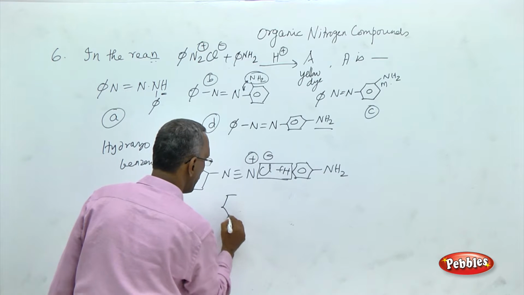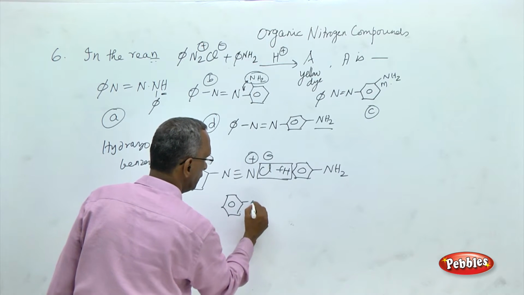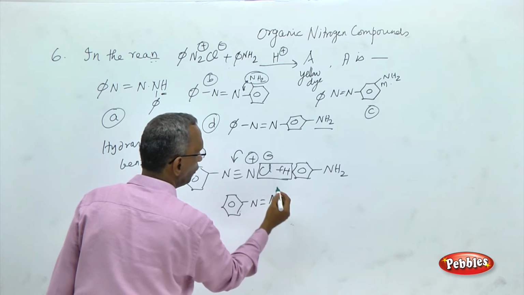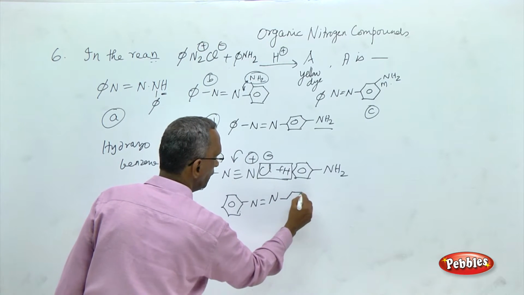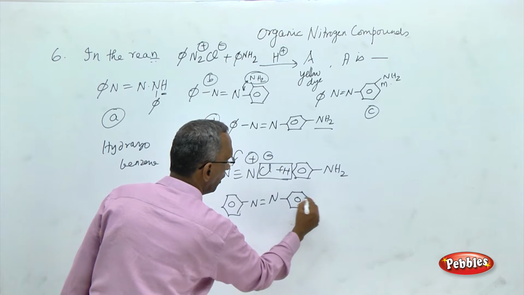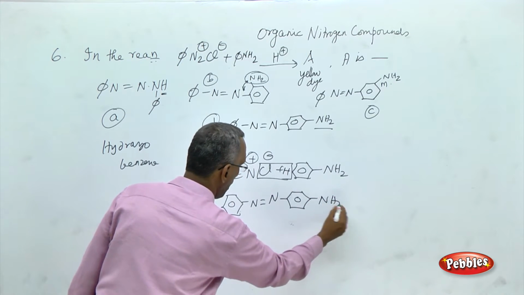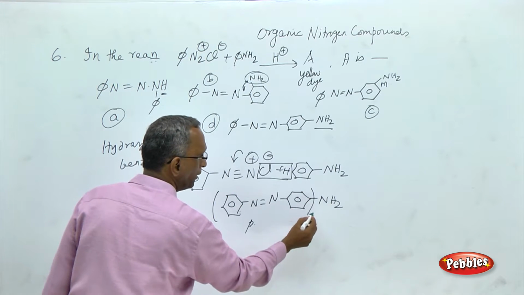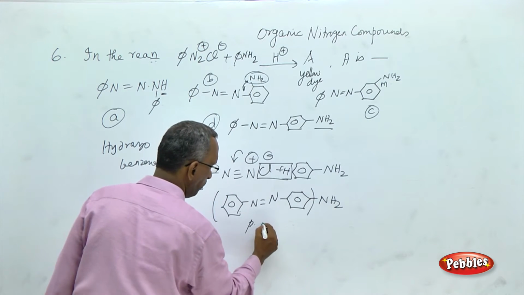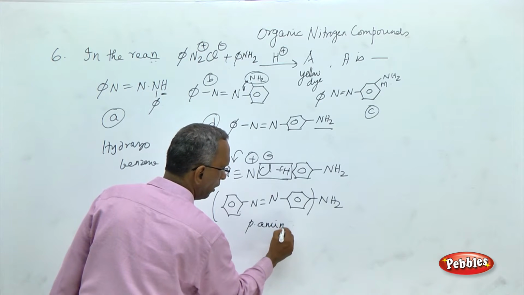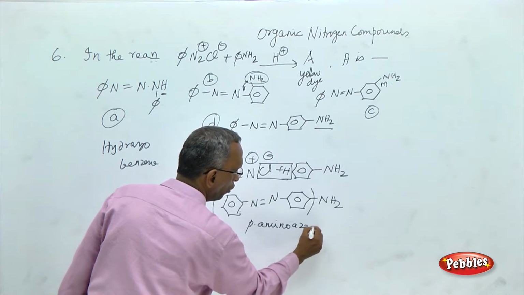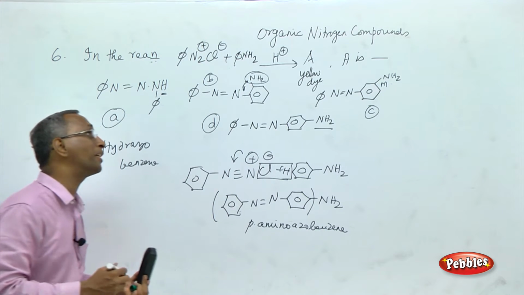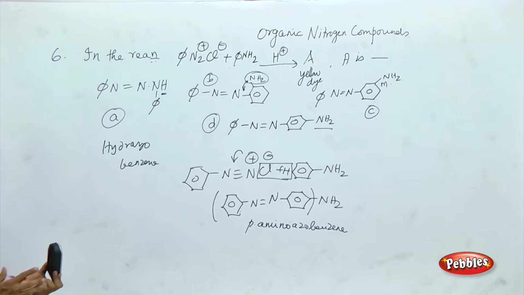If you remove HCl, you will get N double bond N. The reactivity is shifting towards the para position, so it forms para-aminoazobenzene. This unit is called azobenzene, and with the amino group in the para position, it is called para-aminoazobenzene. So para-aminoazobenzene is the most stable product arising from this reaction.